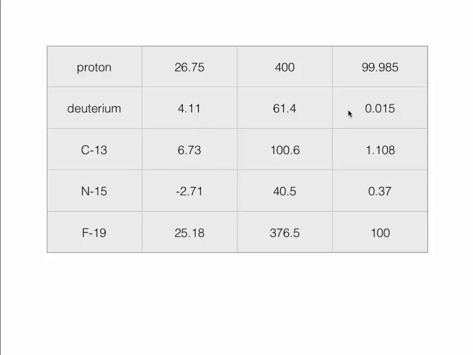It's a much lower abundance, and it is about 1/6 the resonating frequency in the same magnetic field. What does that mean? Well, what that means first off is that you're never going to accidentally be measuring deuterium signals in your proton area and for all the others.